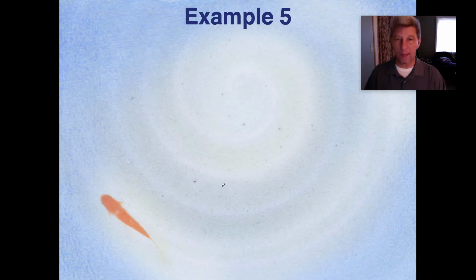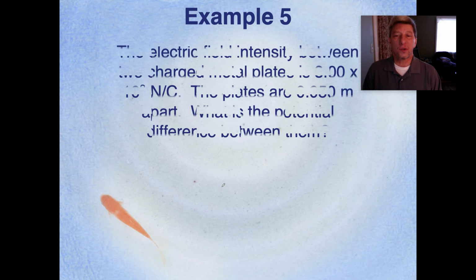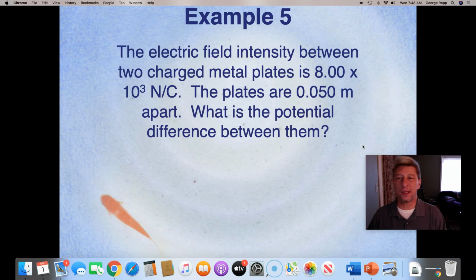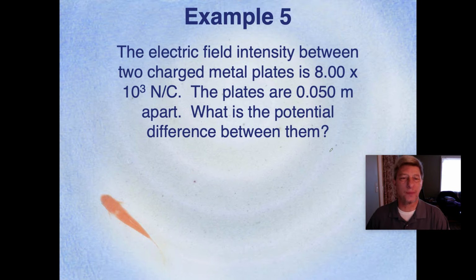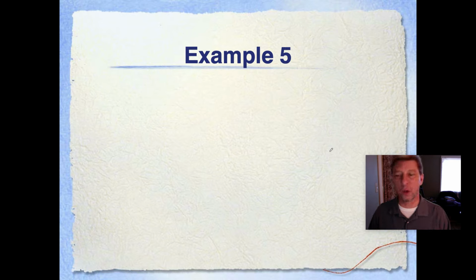The electric field intensity between two charged metal plates is 8.00 times 10 to the 3rd newtons per coulomb. The plates are 0.050 meters apart. What is the potential difference between them? Again, we start with a laundry list.